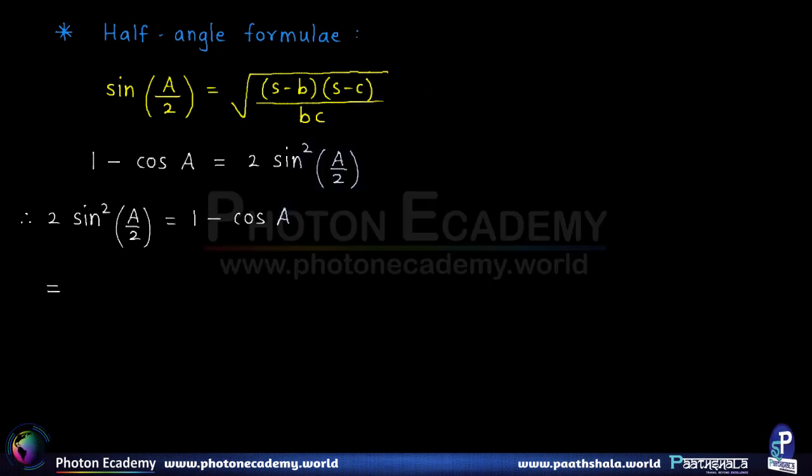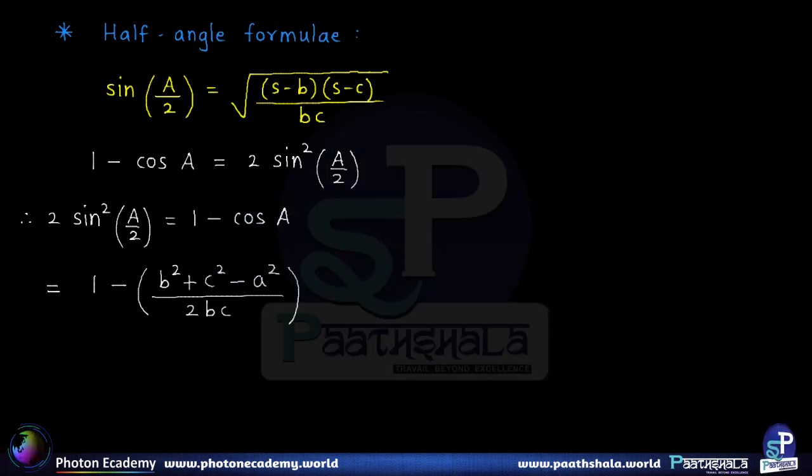So in place of cos A, we now substitute the expression that we had derived using cosine rule, that is b square plus c square minus a square upon 2bc. Correct? So on cross multiplying we get 2bc minus b square minus c square plus a square upon 2bc.